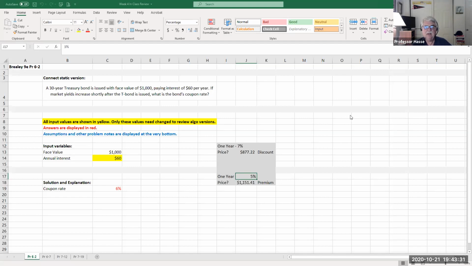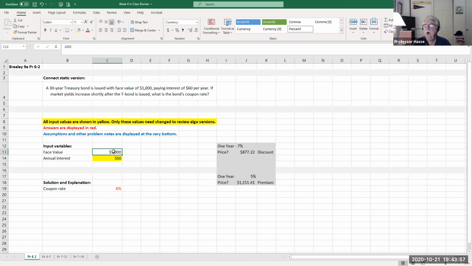A 30-year bond is issued with a face value of $1,000, paying interest at $60 a year. If market yields increase shortly after the bond was issued, what is the bond's coupon rate? Well, first of all, the face value means that's how much you're borrowing or lending.